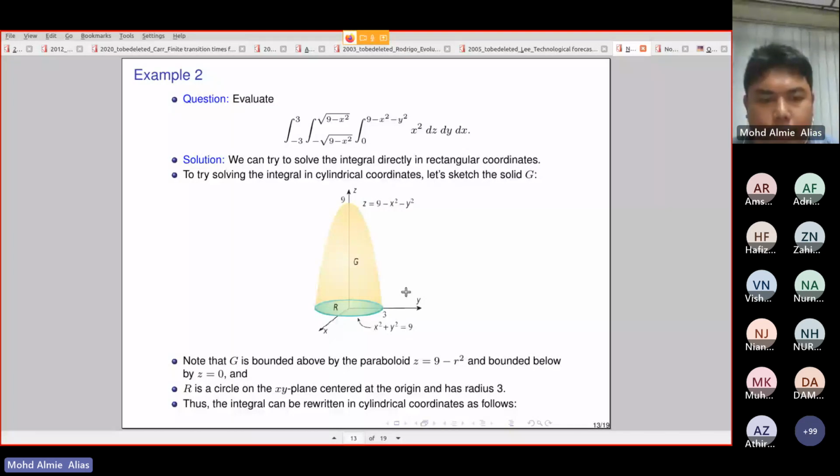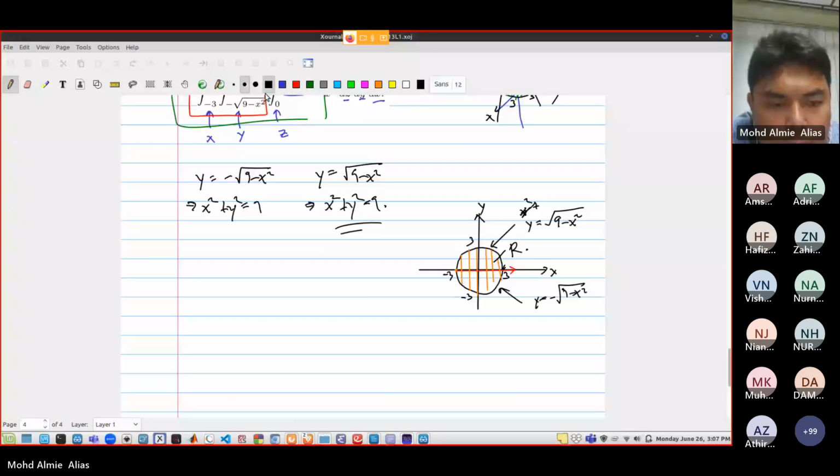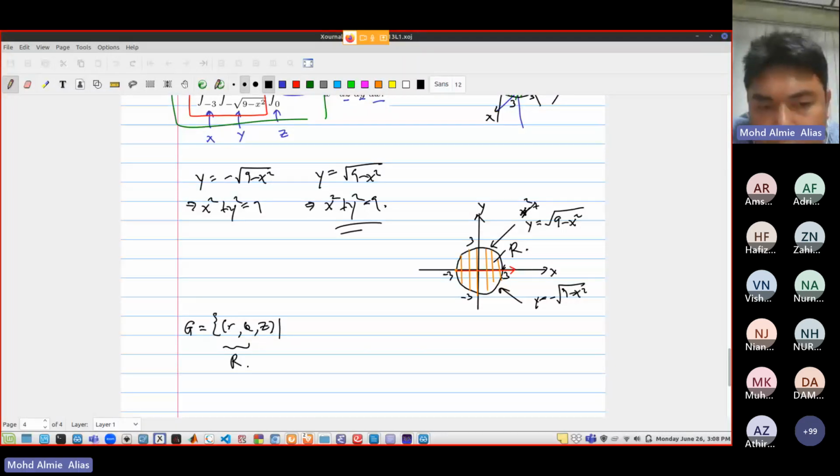So in order to use cylindrical coordinates, we need to rewrite G in terms of cylindrical coordinates. So let's write G, which is r, theta, z, where r and theta come from the r here.